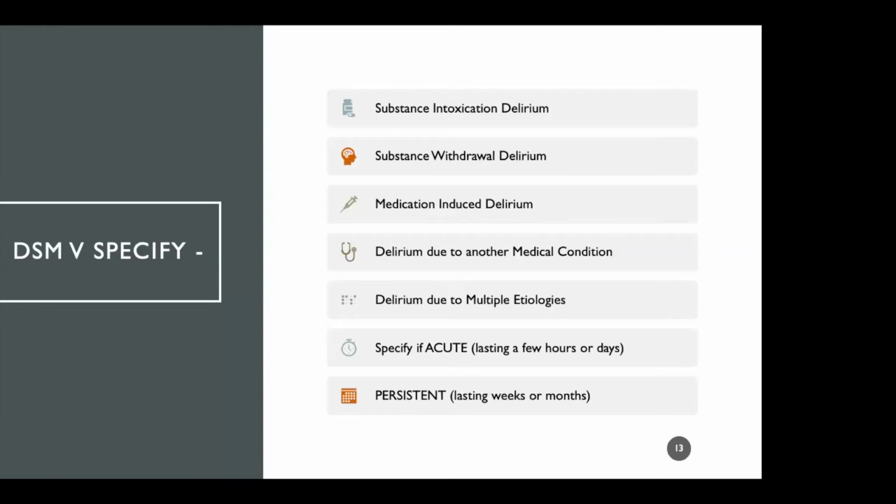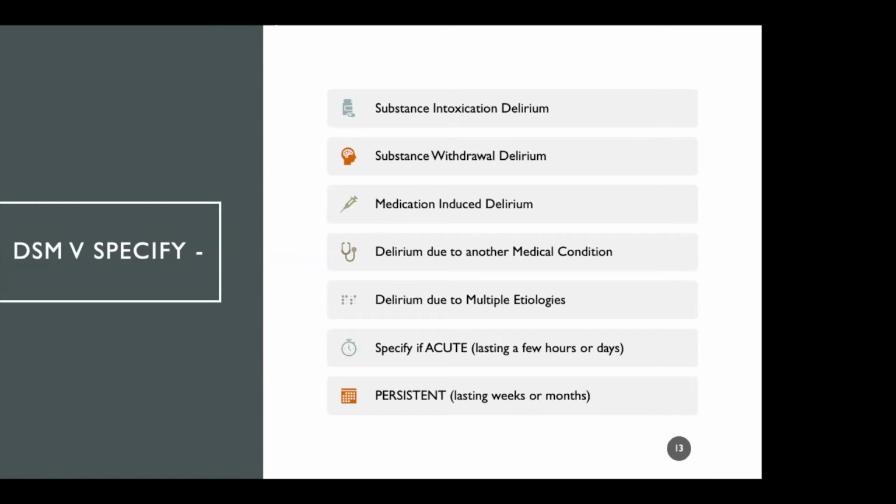So we specify whether it was induced by substance intoxication, substance withdrawal, whether it is medication induced, whether it's due to a medical condition, multiple etiologies. It could be all of those, substance withdrawal, medications, medical conditions. And then we say whether it is acute, that means it's come on very suddenly and it's lasting a few hours or a day, or it's persistent and weeks or months.